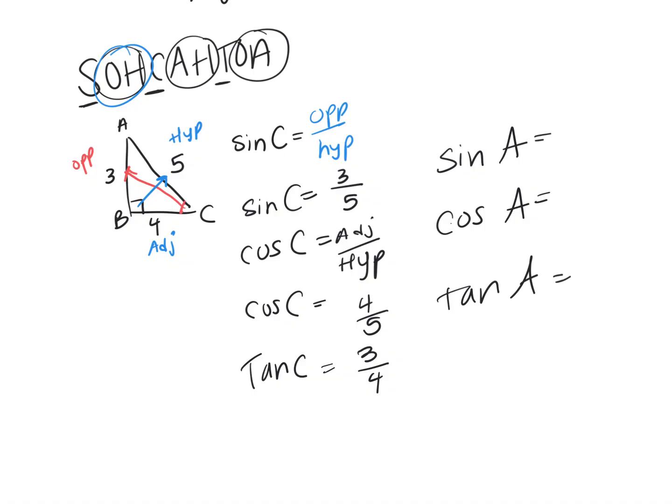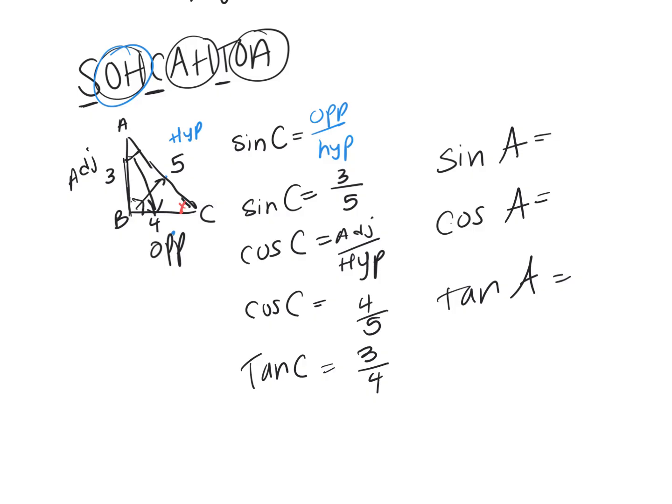Because we're working with a different angle, opposite is going to change and adjacent is going to change. So whenever you switch the angle, you have to be careful. So now across angle A, now this one is opposite. The hypotenuse is still across the 90, and the adjacent is now side AB.